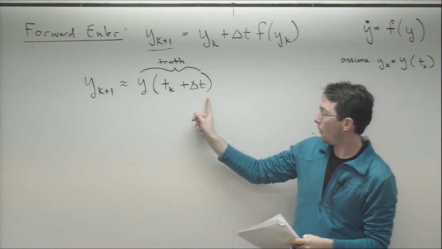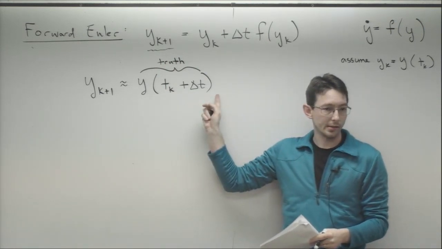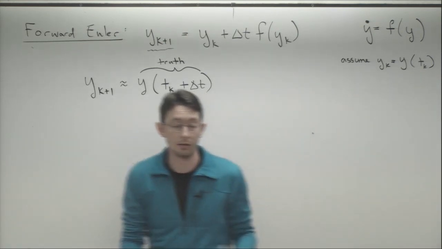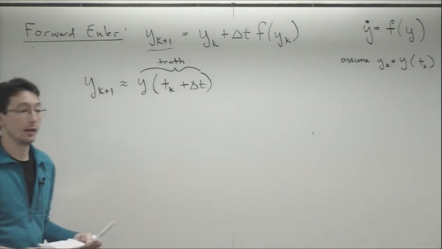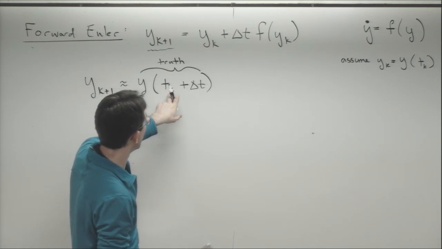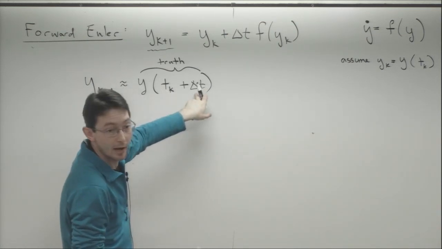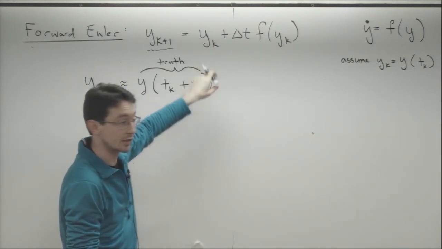Okay, now what can I do with an expression like this to expand it out in powers of delta t? I can take the Taylor series, and I'm going to expand about the point tk. So this is my base point. These are the powers. I'm assuming delta t is small.